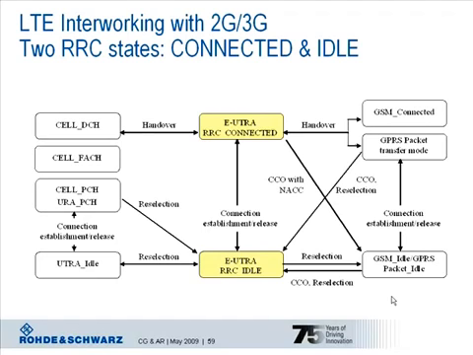In LTE there are only two protocol states defined on the radio resource control (RRC) level, the RRC connected and the RRC idle. These are shown in yellow here. The mobility in RRC idle between LTE and the other technologies is done via cell reselection mechanisms. Mobility in RRC connected is done via handover procedures.